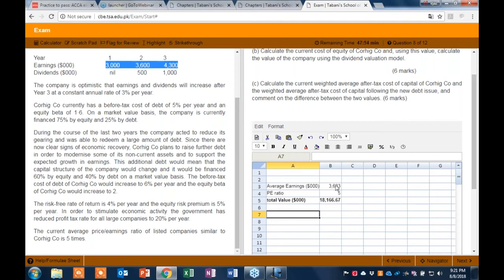I think it's very simple. Pick the average earnings as far as possible. In case you don't have average earnings and you've been given earnings for a particular year, just use that, assume that this earning will continue in the future, and multiply it with the PE ratio to get the total value of the company.